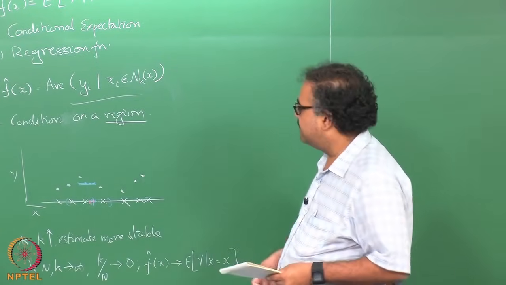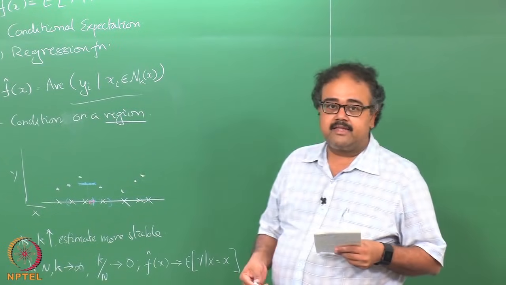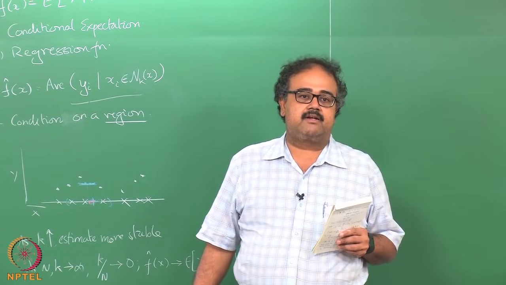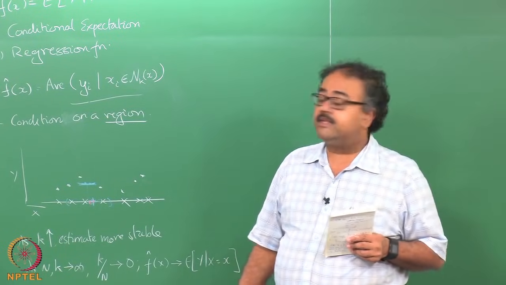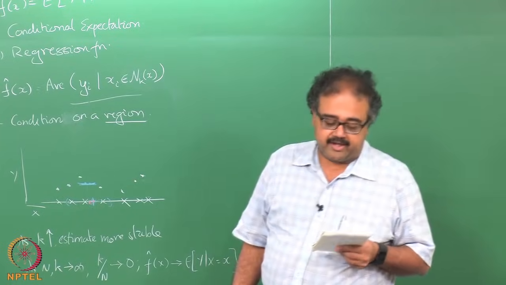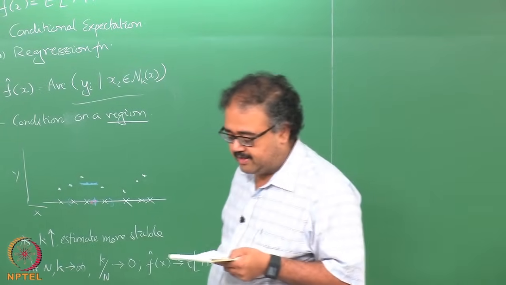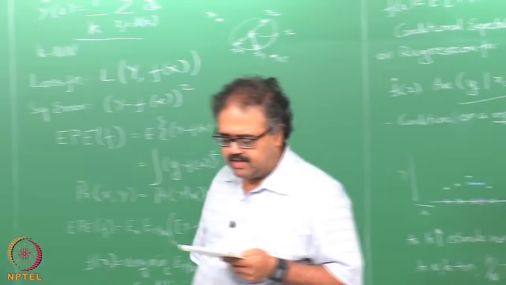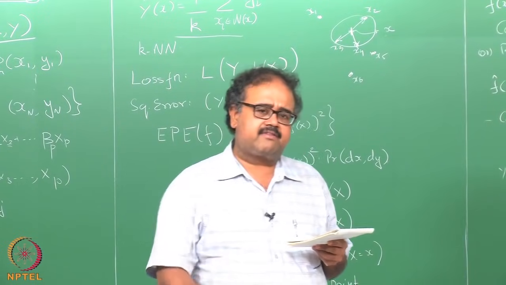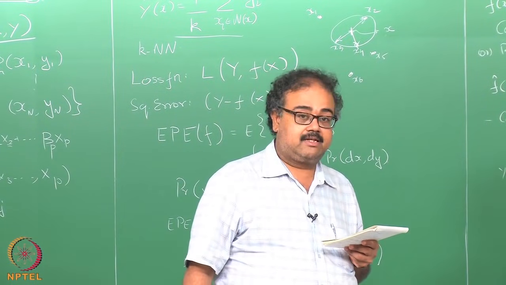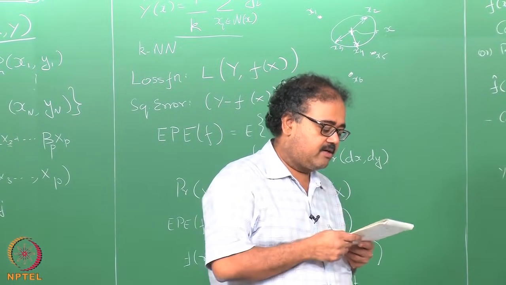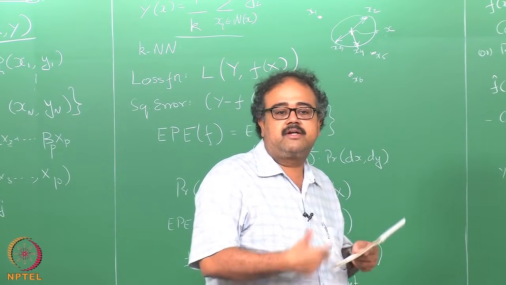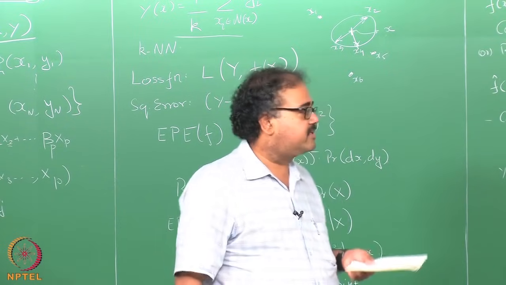So, if p is large, if the dimension of the input is large, if you have a 10,000 dimension vector as your input, then using k nearest neighbors is not really a good idea. Alternatively, you should also remember that in some cases having a little bit of bias is actually not a bad thing, and therefore we have to look at an appropriate way of representing the function f.